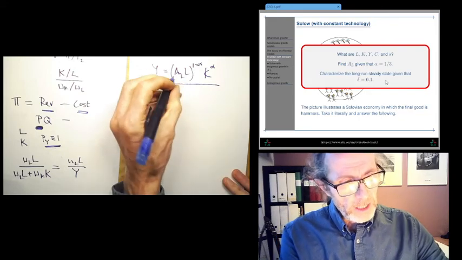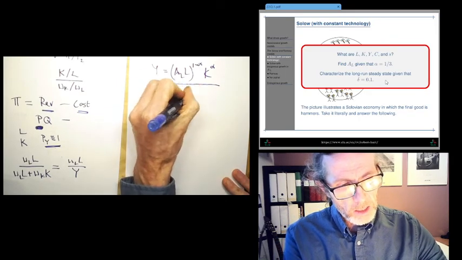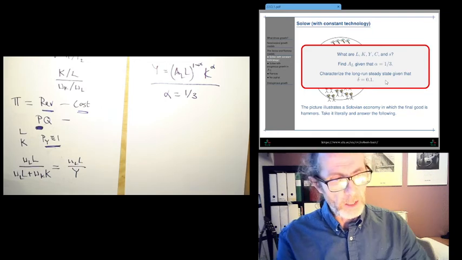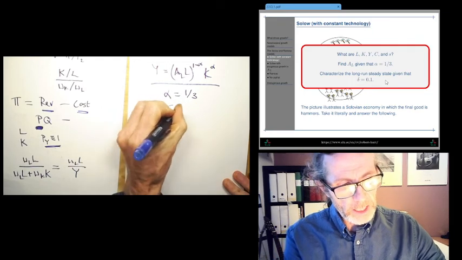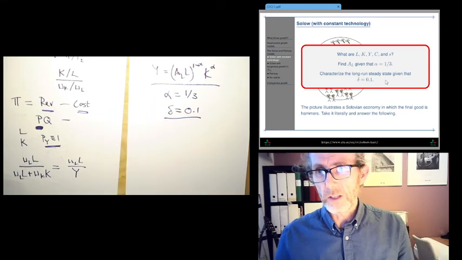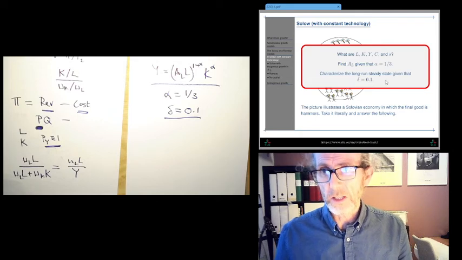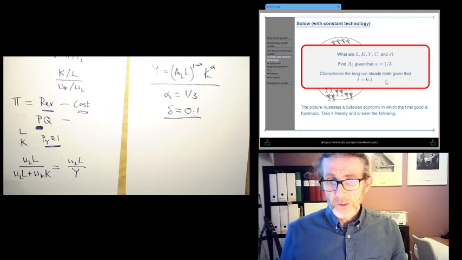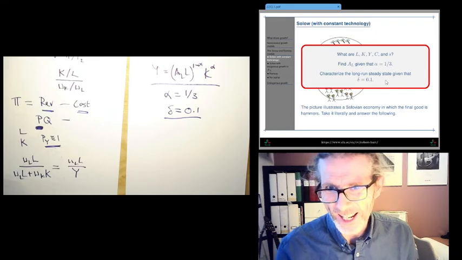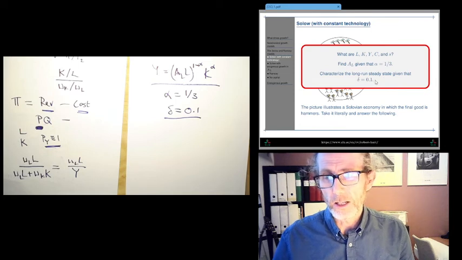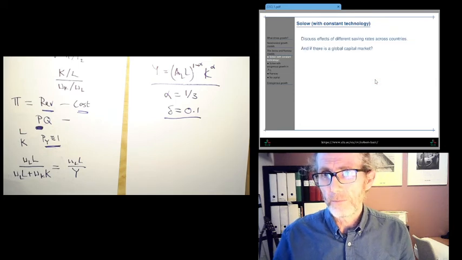And I'm telling you that alpha is 1/3, and then a bit later I tell you that delta, the depreciation rate, is 0.1, and then I say, okay, what is the long run steady state in this economy given that depreciation rate? So have a think about that, chat to your friends, so to speak. I hope you can all work that out pretty straightforwardly. We'll talk about it when we meet.